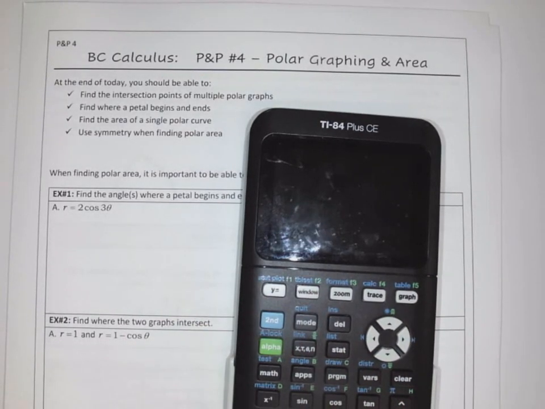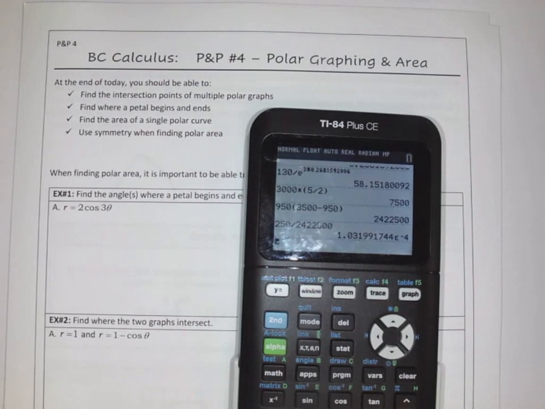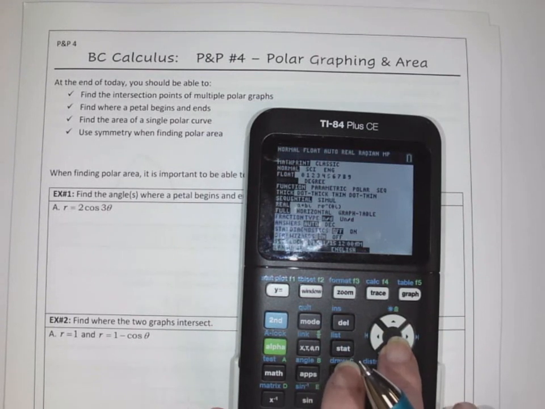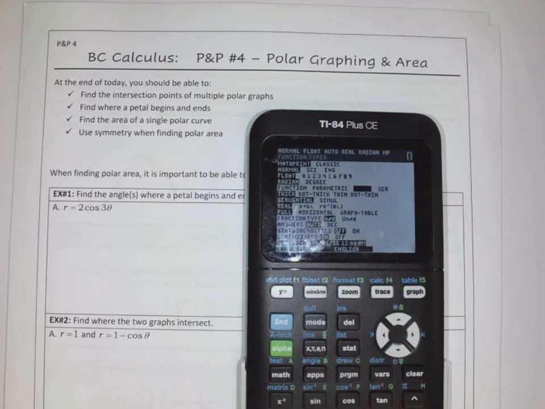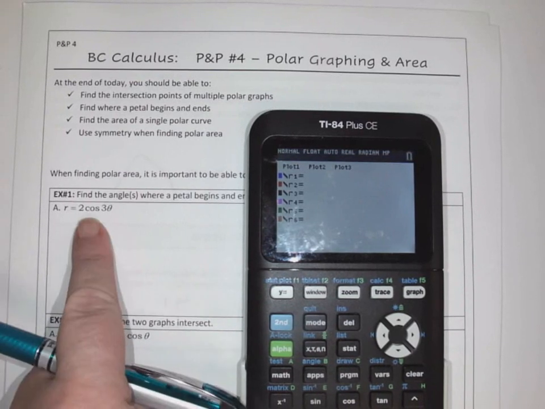So if I go to my calculator, let's get it started, and I want to go to mode, and I am going to go down here to function, and I'm going to put it on polar mode. Okay, so that is going to allow us to see a polar graph. So when I go to y equals, it's not going to have y, it's going to have an r.